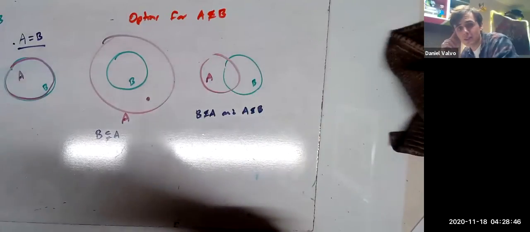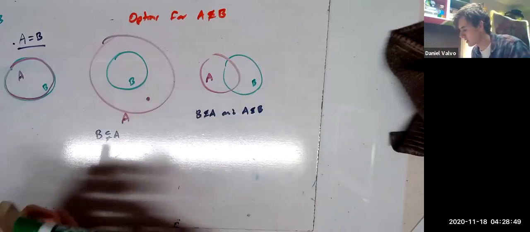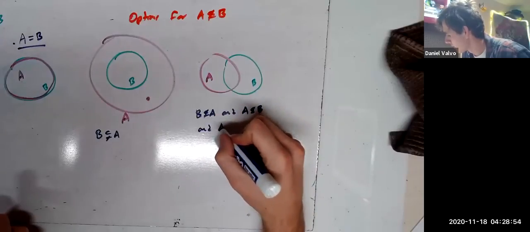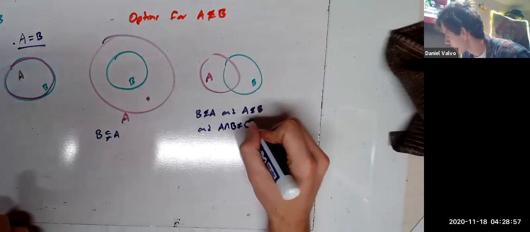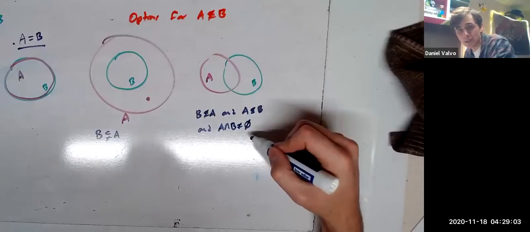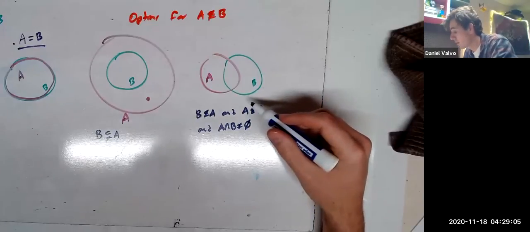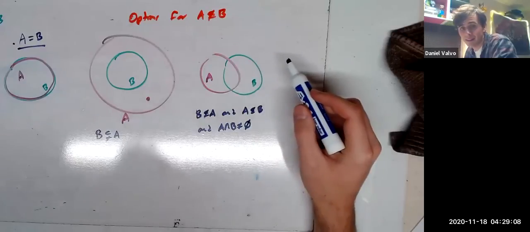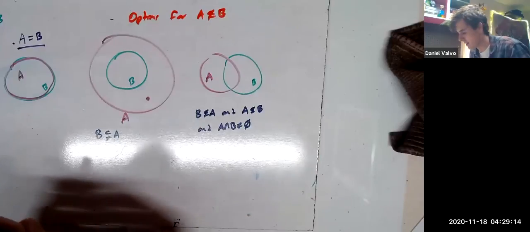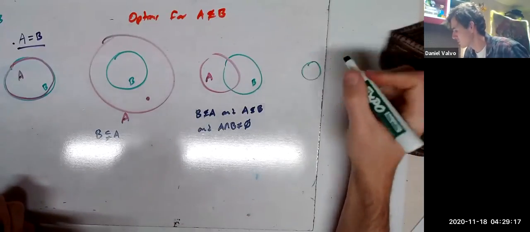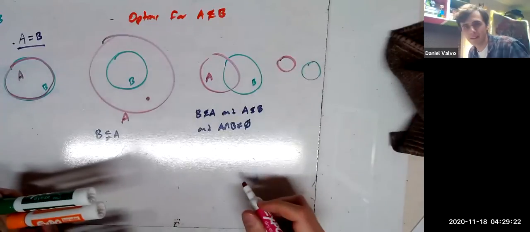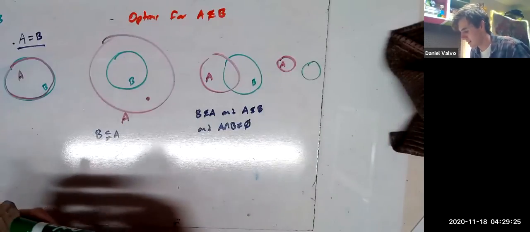There's one more way that these sets can interact. We'll define what this means tomorrow or Thursday. What this means is that A intersect B is not the empty set. That just means that there is an intersection here. And that totally gives it away, because the other option is just imagine if you had this, where this is A, this is B. They're getting smaller as we go because they keep running out of room.